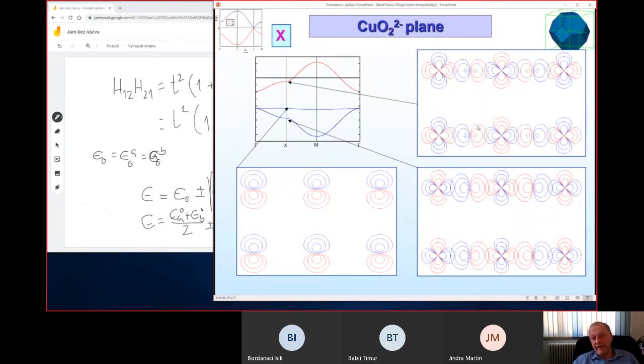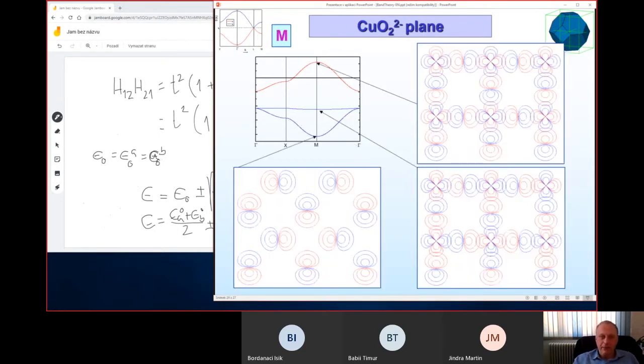But we have no interaction in this y direction. But if we move to the M point of the first Brillouin zone, we see that this state corresponds to completely anti-bonding interaction in both directions.